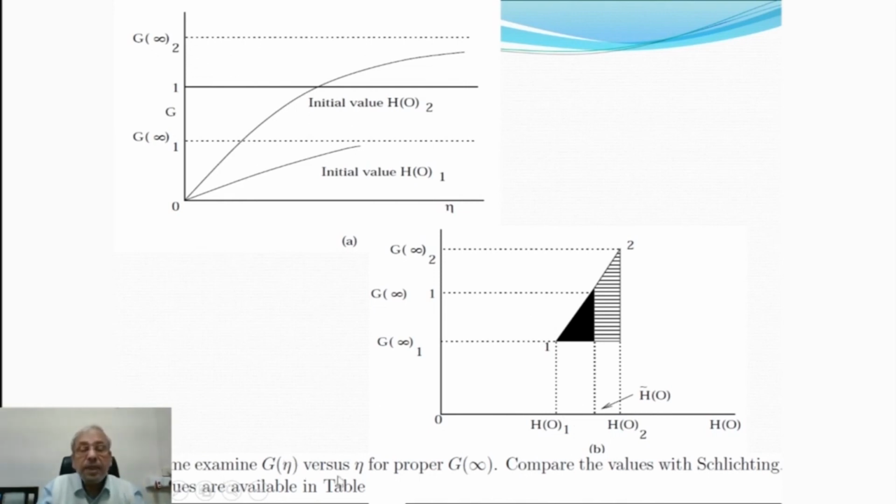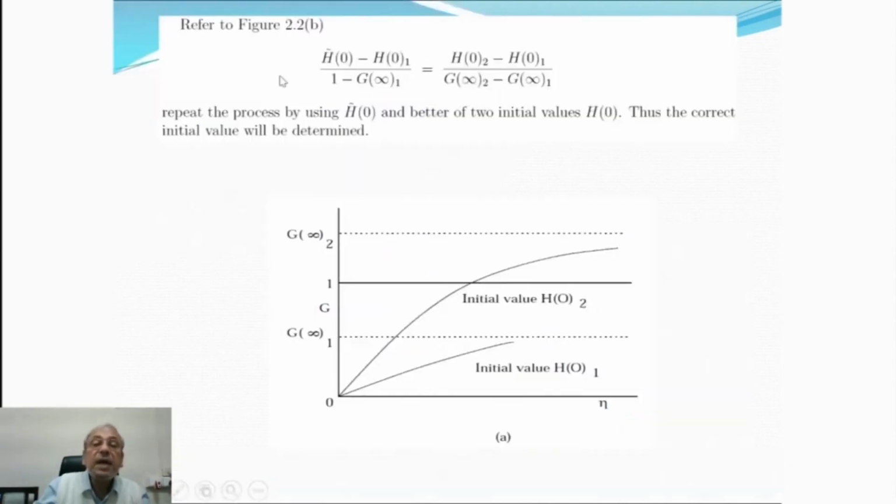So each time, g infinity versus eta, that means g infinity equal to 1, has to be checked. And in this similar triangle, as we have mentioned earlier, we just write H tilde naught minus H naught 1 divided by 1 minus G infinity 1 equal to H naught 2 minus H naught 1 divided by G infinity 2 minus G infinity 1.